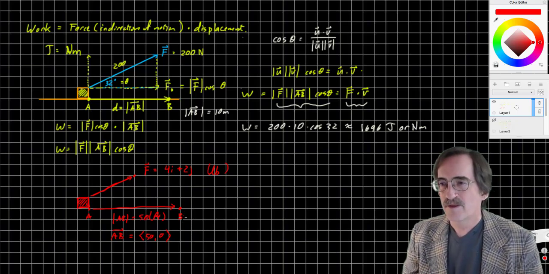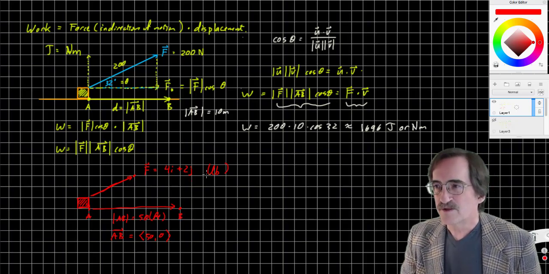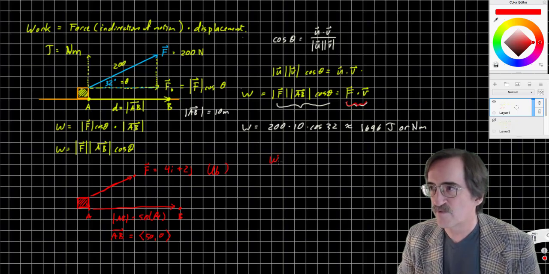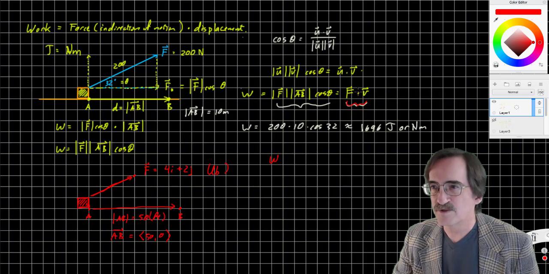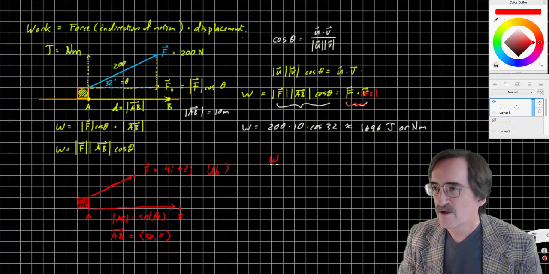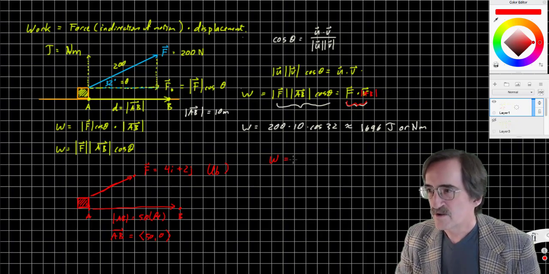And so it's really quite easy here to use the alternate form, the dot product of the force and the displacement vector. It should have been the dot product of force and AB. So in other words, this is 50I plus 0J.